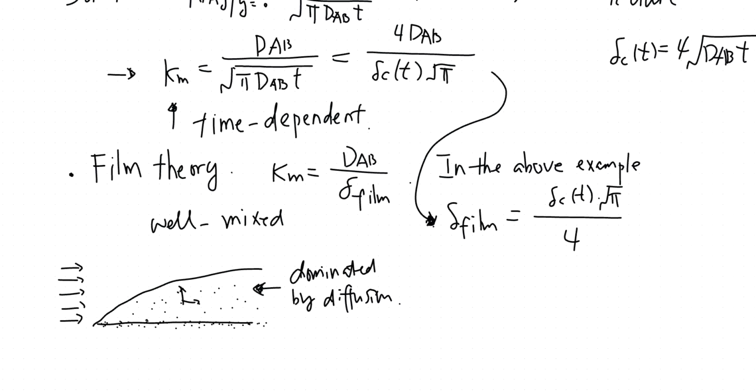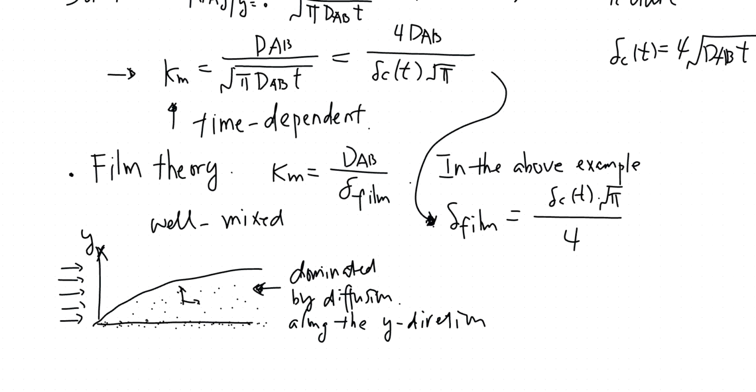By the way, when I say dominated by diffusion, I mean along the y direction. Along the x direction, in this scenario, it's almost pure convection.